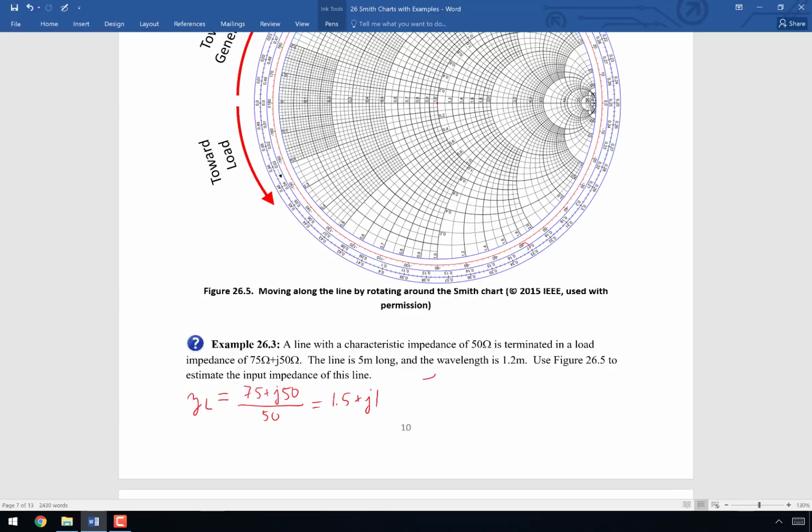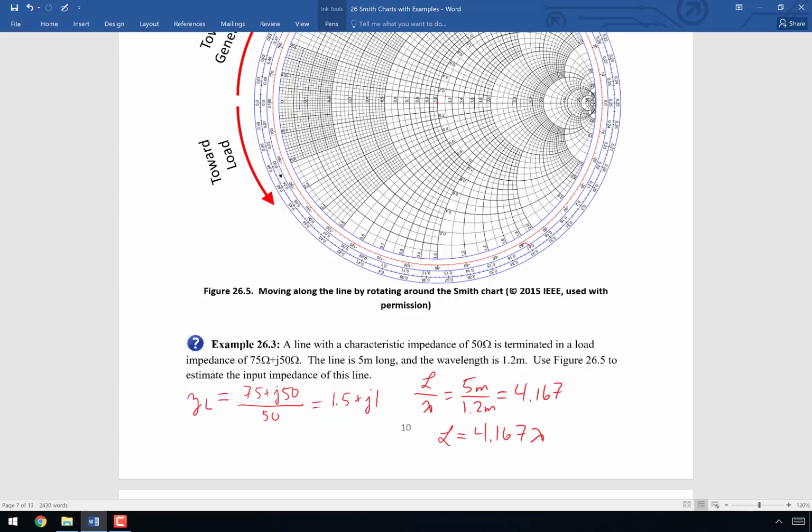In this case, the length divided by lambda is equal to 5 meters divided by 1.2 meters, which is 4.167. That is to say, the length of the line is 4.167 wavelengths. We're always going to measure length in terms of wavelengths.